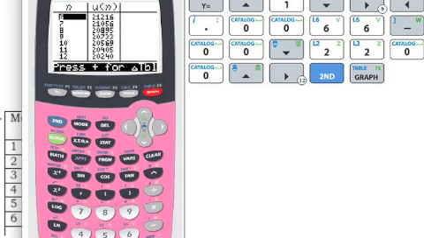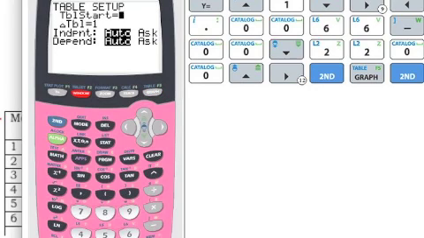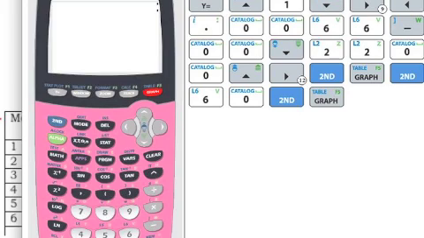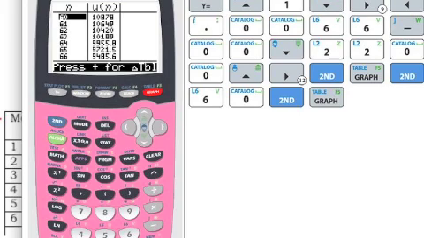So I'm going to use second window, and I'm going to start at 60. And I'm going to go back to my table, second graph to go back to the table. Now, after 60 months, I still owe $10,878. That's not good. We want this loan to be paid off in 60 months.